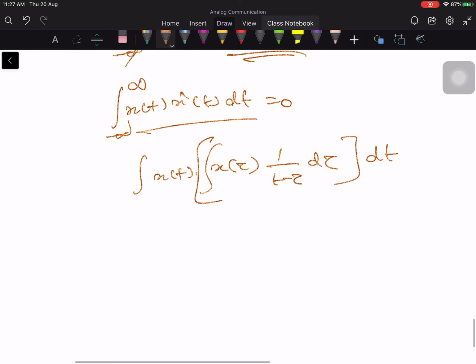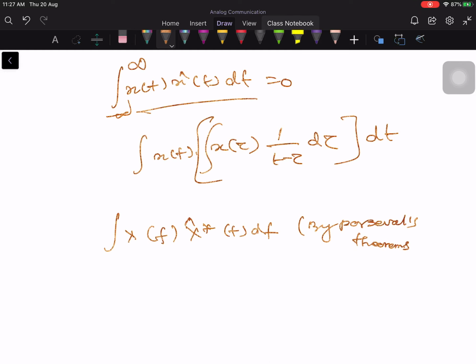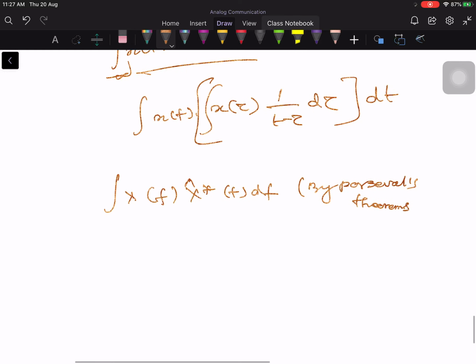Like you have two functions, let us say x of f and x star of f times df. By Parseval's theorem this is equal, okay, then using this you can prove that.